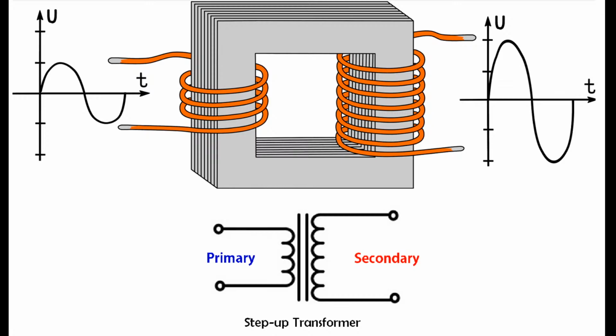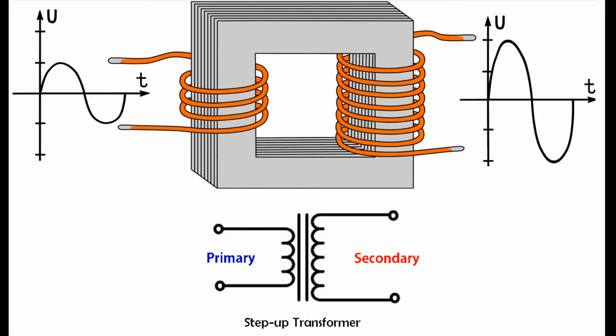Can you see up and down? Okay, after passing through this transformer, you find it's still up and down. It's still AC, but the problem, can you see the amplitude? The amplitude already increased. Amplitude stands for voltage. So that means now the output voltage after passing through the transformer, you find the voltage increased already. So this one we call step up transformer.